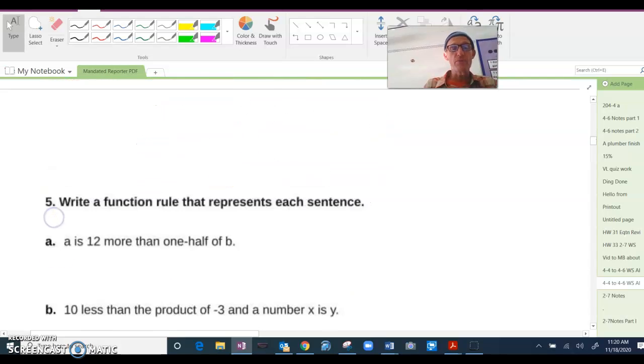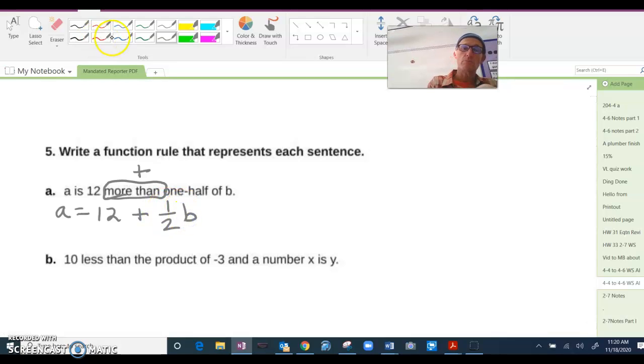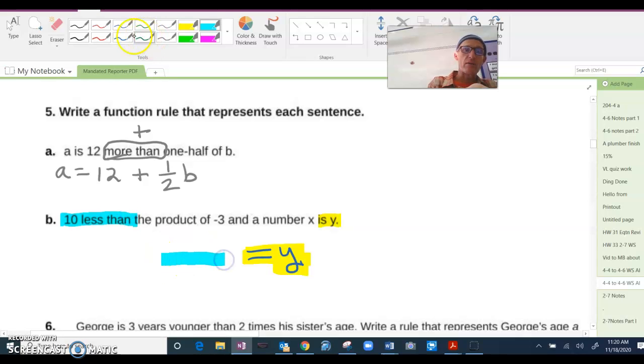Problem number 5 says write a function rule. A is 12 more than 1/2 of B. A equals, is means equals, more than is plus, 12 plus 1/2 B. 10 less than the product of -3 and a number x is y. So equals y is what we get when we see is y. Now, 10 less than a number is going to be minus 10 over there.